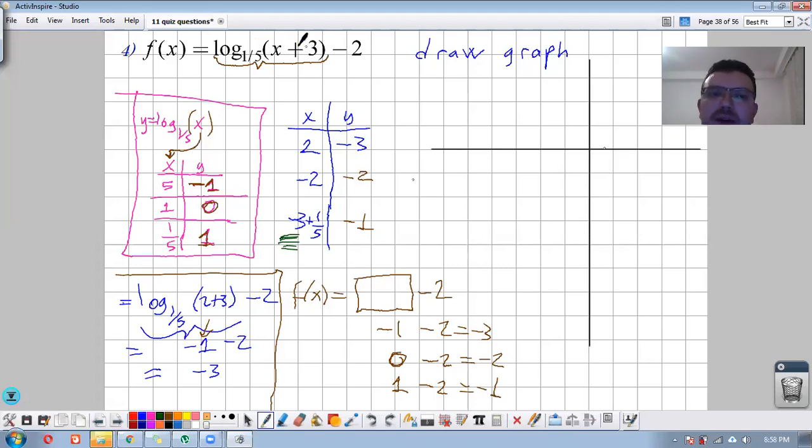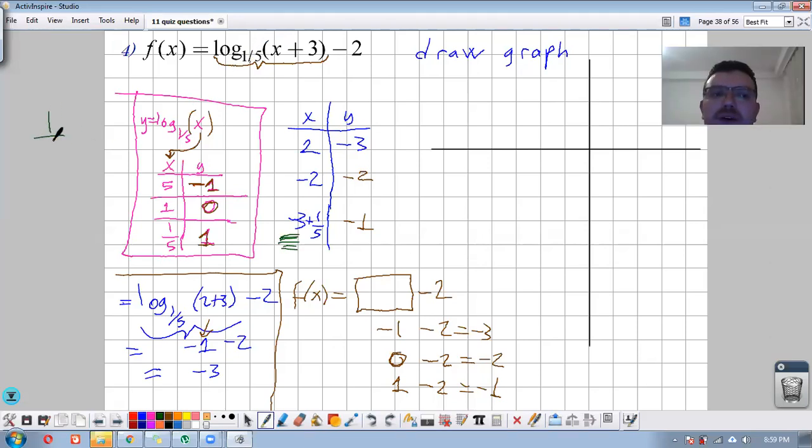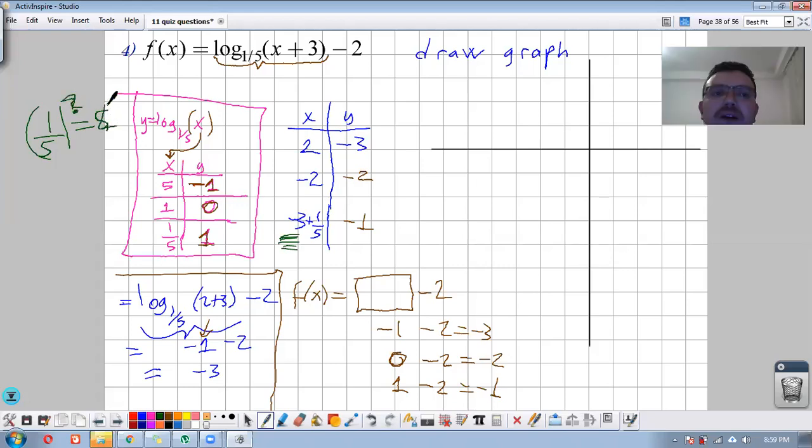So I make it so that when you put an x number in here, it should add up to 5, the first case. Why? Because we can know the result. Which power of 1 over 5 is 5? But if I put 4 in here, which power of 1 over 5 is 4? There is no answer. Okay.